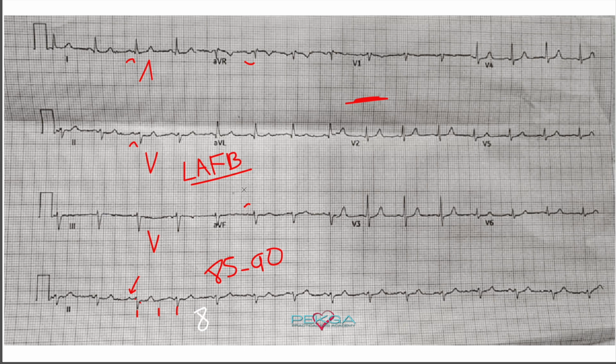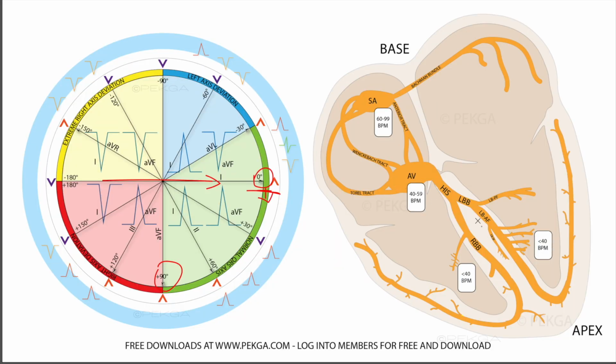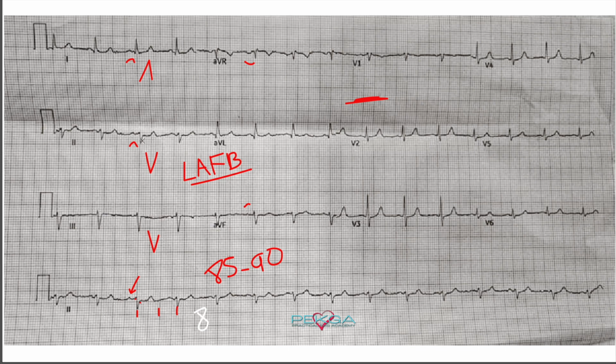So at a higher rate, the left anterior fascicle is not completely, and left anterior, for those of you who are not familiar, your left bundle bifurcates into the anterior fascicle and the posterior fascicle. And when you have a partial block, one of these fascicles would be blocked off either partially or fully, and that will cause axis deviation on your ECG.